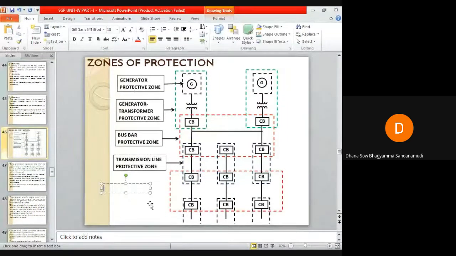An unprotected zone is known as a dead spot.